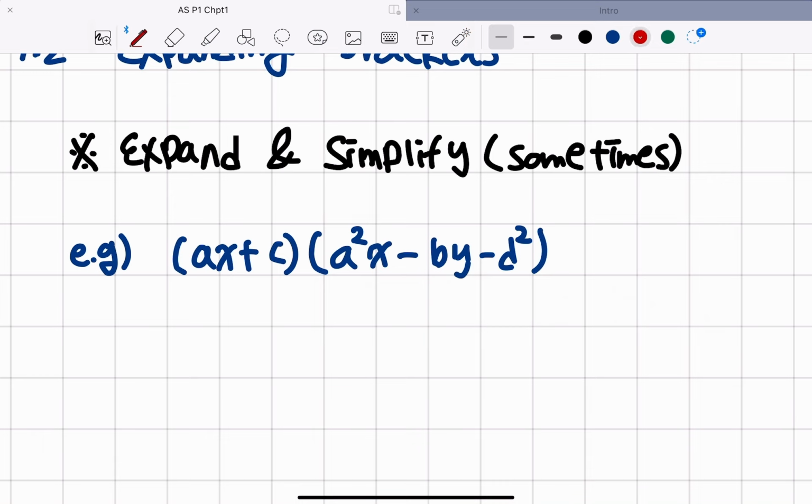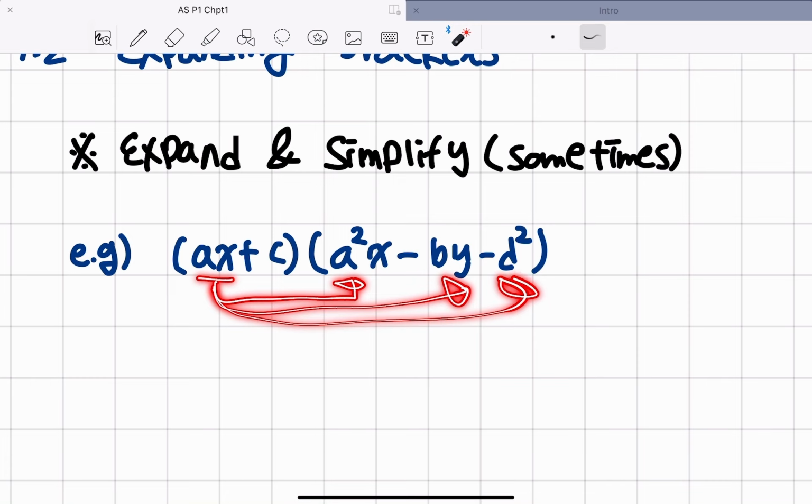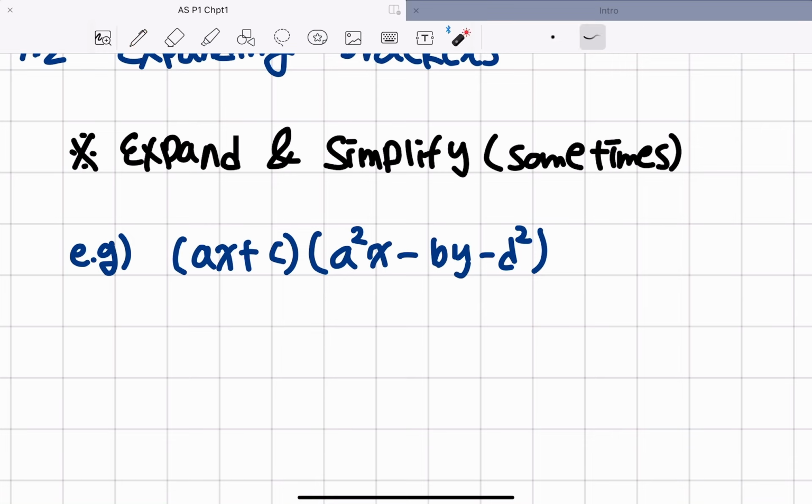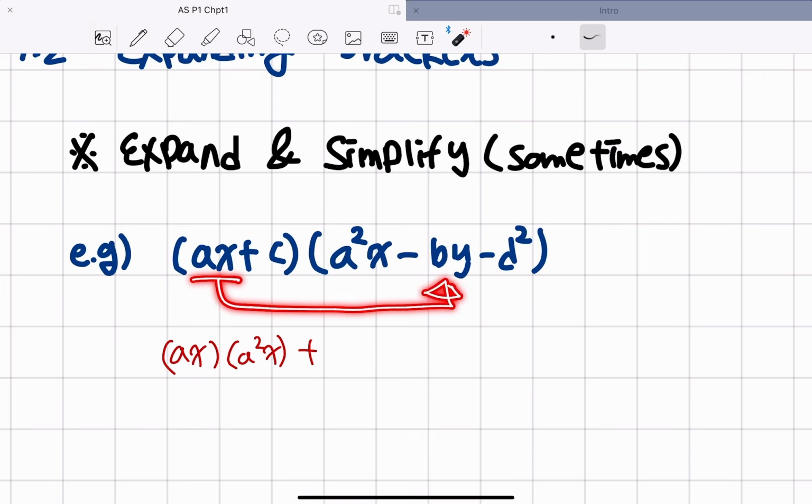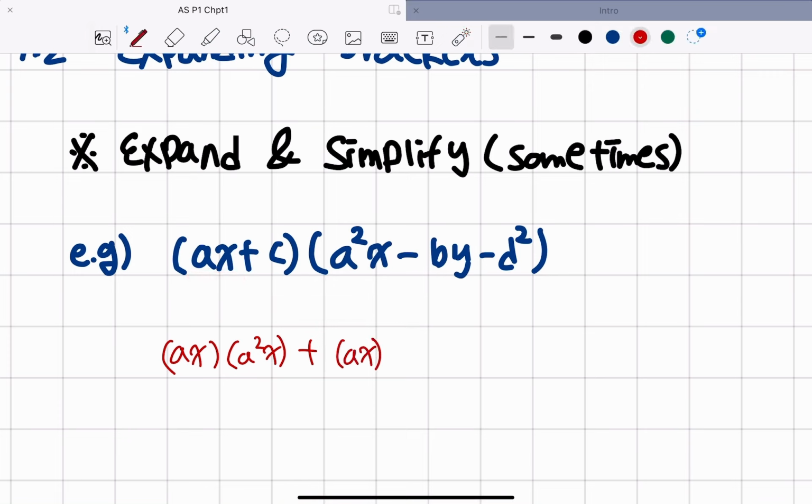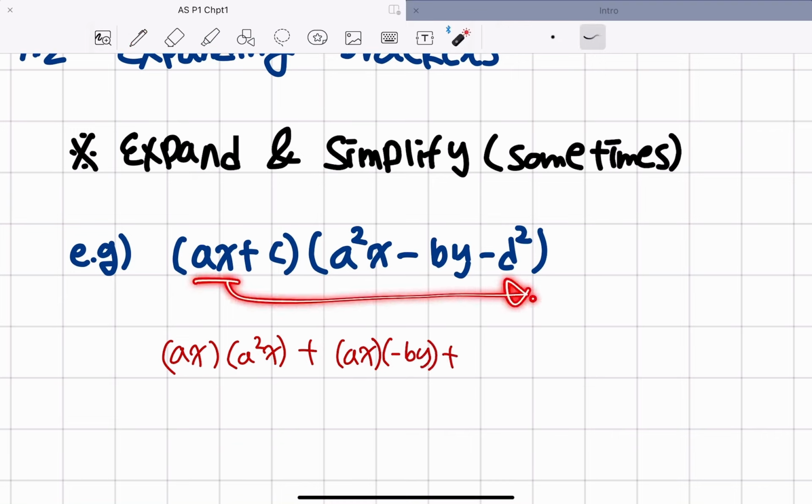Let me write down the order. We need to multiply with all the terms. So let's try with the first one, ax times a²x, plus ax times minus by, and next one, ax times minus d².